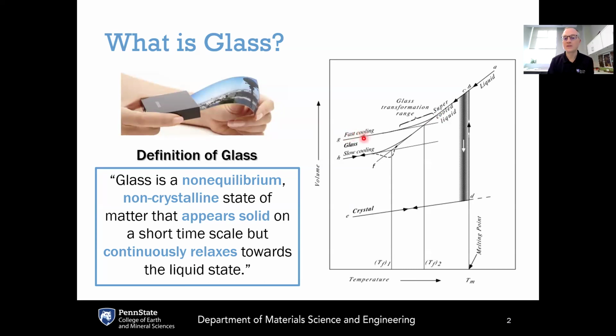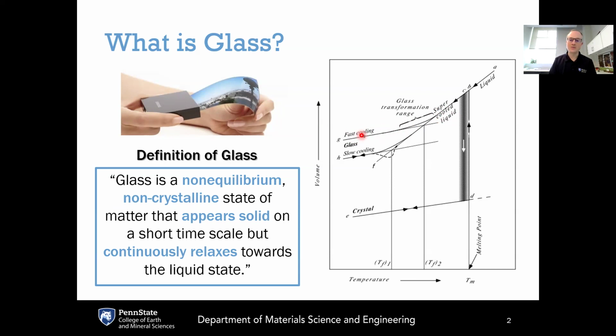But one of the key things about the glass is that the structure of the glass is continuously connected to the structure of the liquid. In other words, the short-range atomic ordering of the glass and the lack of any type of long-range order, all of that points back to the supercooled liquid state. So the glass has a structure that is very close to that of the liquid structure.